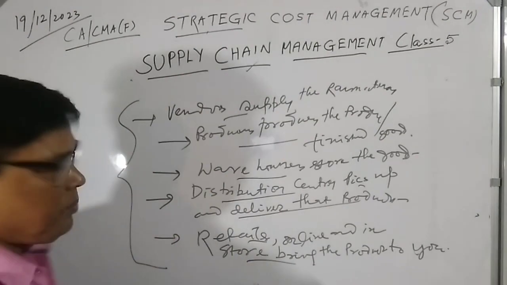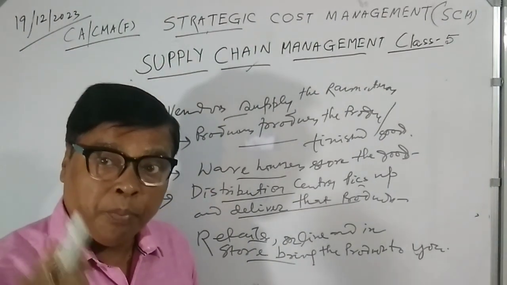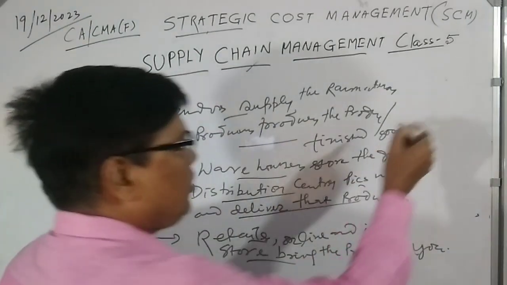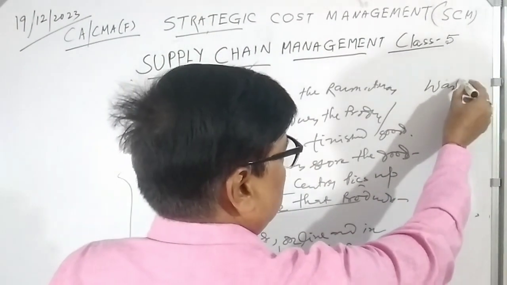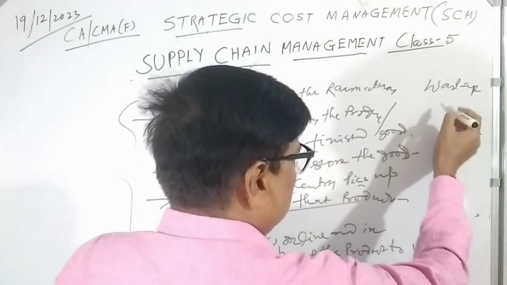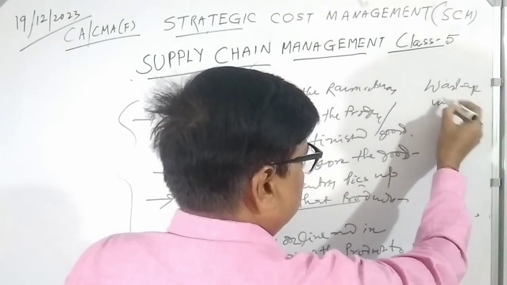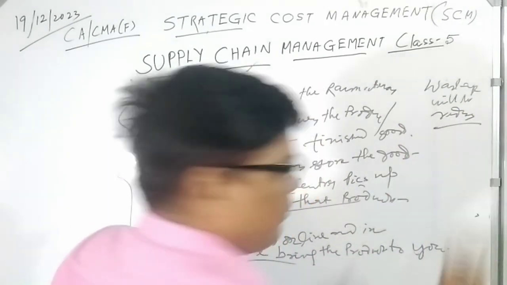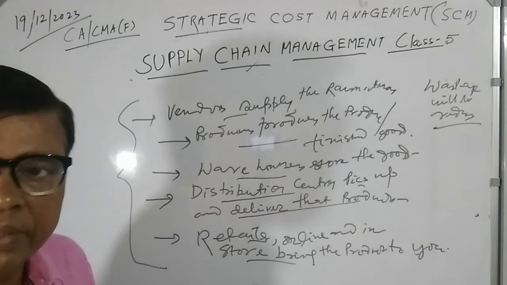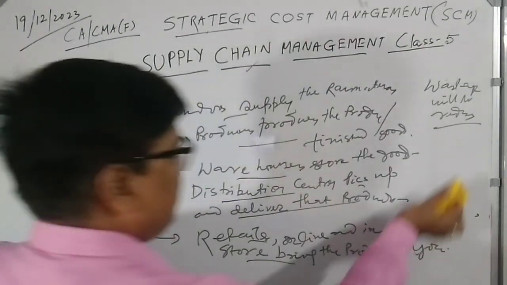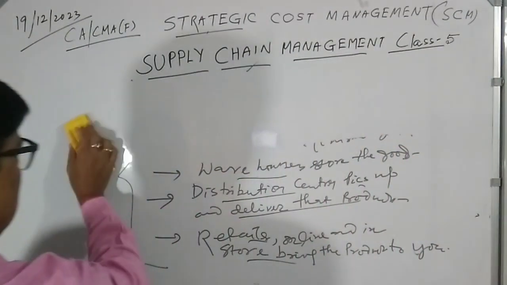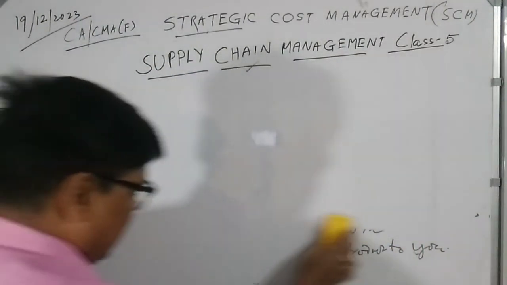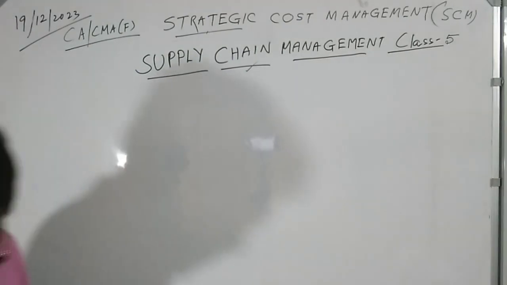If this chain process functions properly, systematically and within time, how will your wastage be reduced? It will be reduced stage by stage. So in today's competitive market, supply chain management is very, very vital for reducing waste, and you become cost advantageous in comparison to your competitors.